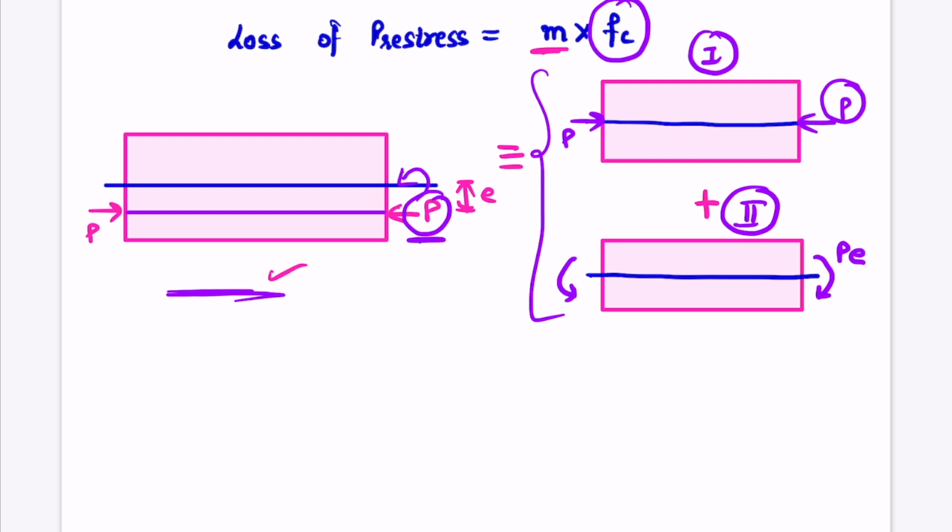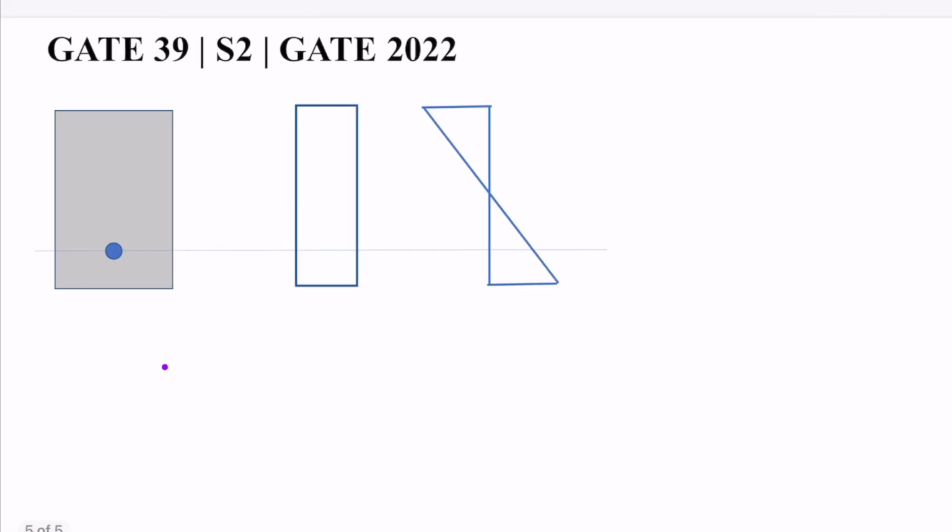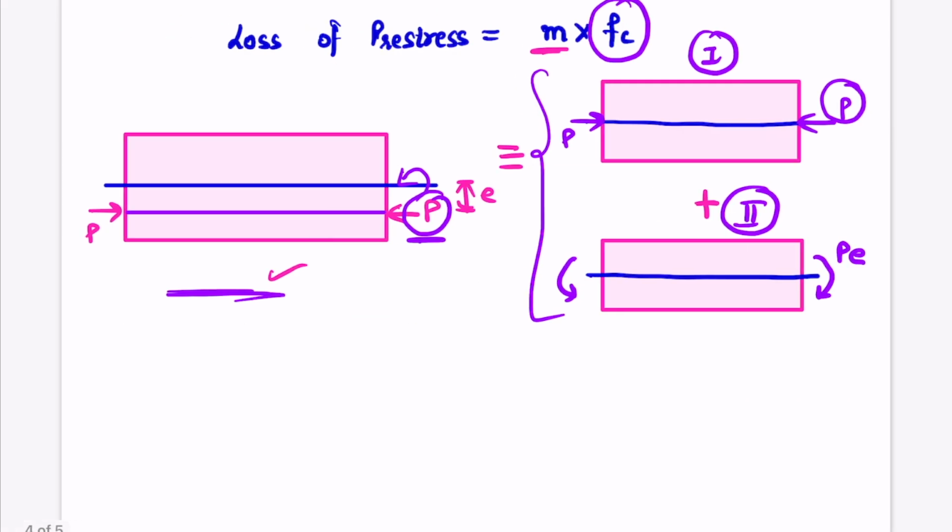So this is for case number 1 and this is for case number 2. For the first case there will be entirely a compressive stress and the value will be P by A, plus the second case. Due to the second case, a bending stress will be generated because we have applied a moment Pe.